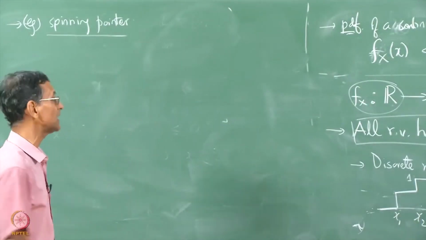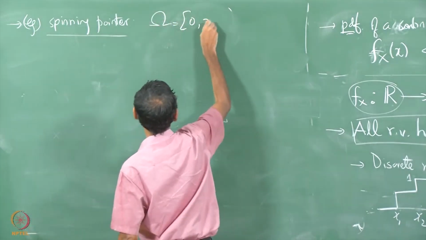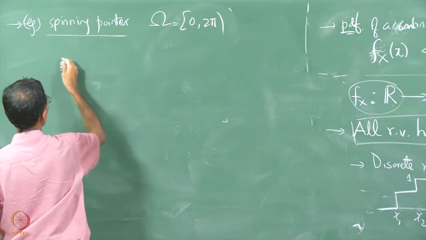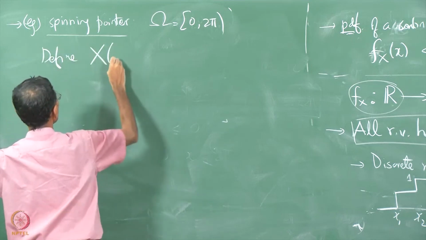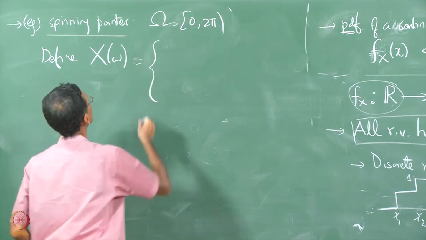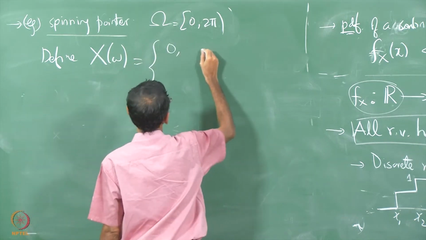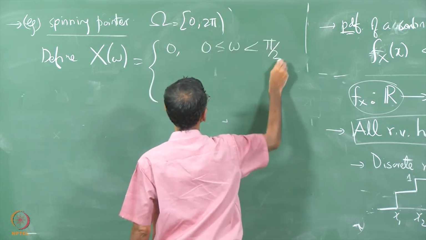and if I do not define X of omega equal to omega, in other words, capital Omega is still 0 to 2 pi, but I define X of omega in this fashion. I define it to be 0 when omega takes values between 0 and strictly smaller than pi by 2.